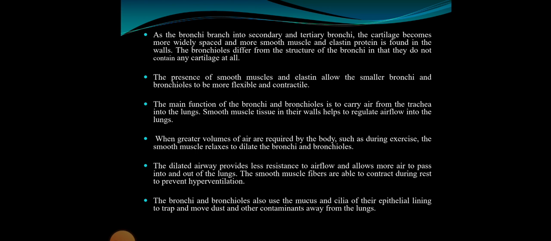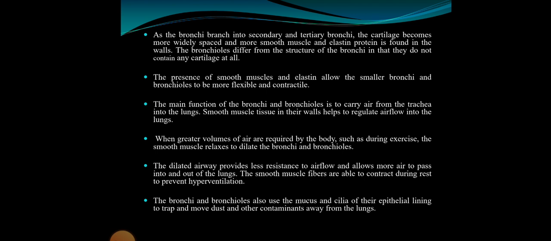When greater volumes of air are required by the body, such as during exercise, the smooth muscle relaxes to dilate the bronchi and bronchioles. The dilated airway provides less resistance to airflow and allows more air to pass into and out of the lungs.